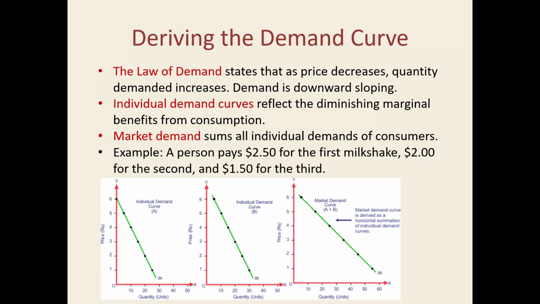So for example, if you have different individuals and they all are willing to pay $2.50 for the first milkshake because it gives them a lot of pleasure, $2 for the second, and $1.50 for the third, if you had 3 individuals, that means the market demand would be 3 units at $2.50, 6 at $2, and 9 at $1.50. So again, the market demand is adding the individual demand at every single price.